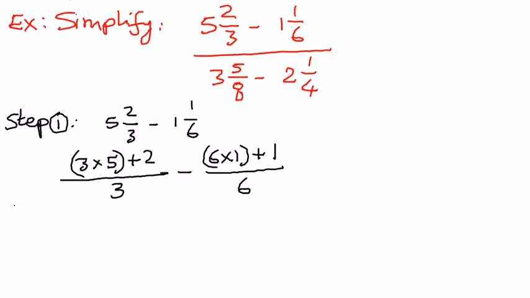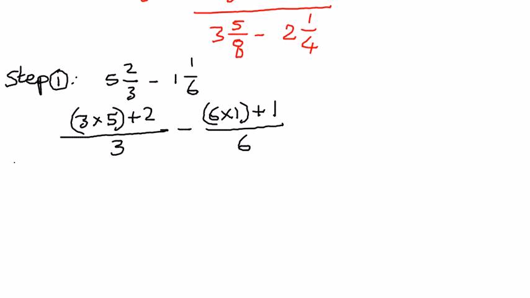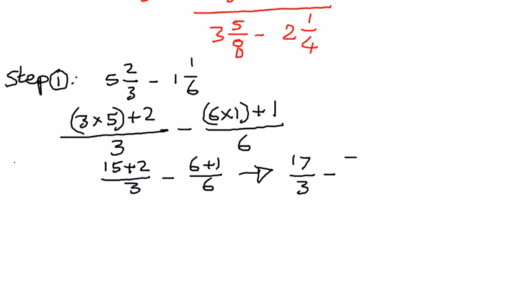So we'll simplify this some more. 5 times 3 is 15 plus 2 divided by 3 minus 6 times 1 is 6 plus 1 divided by 6. So this simplifies to 15 plus 2 is 17 divided by 3 minus 6 plus 1 is 7 divided by 6.